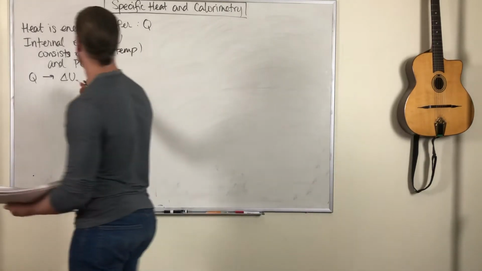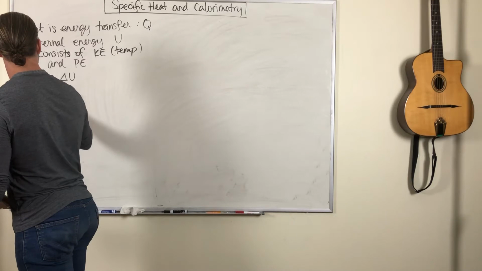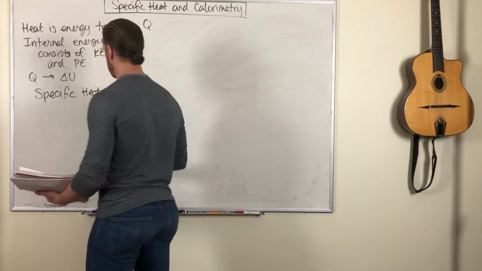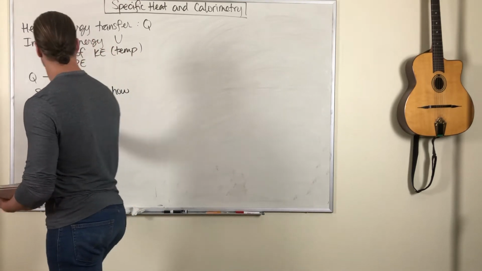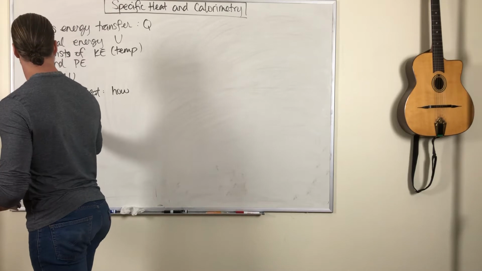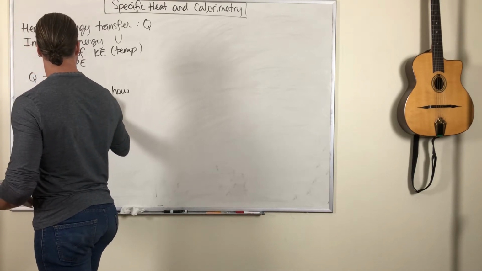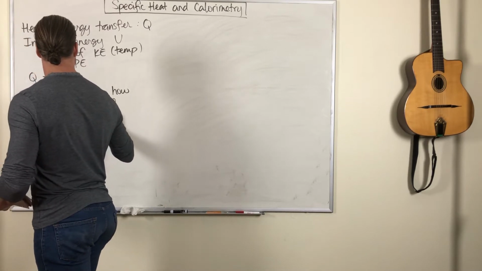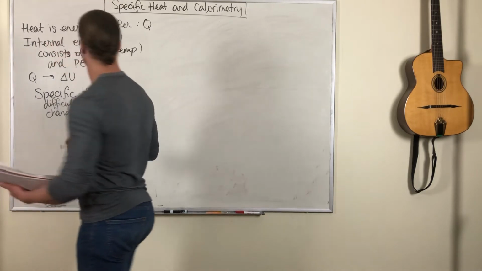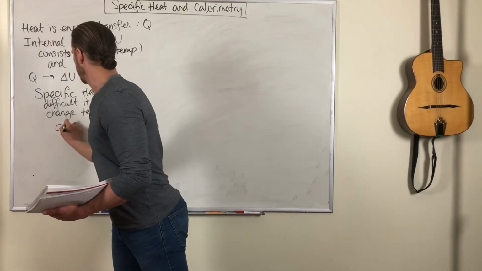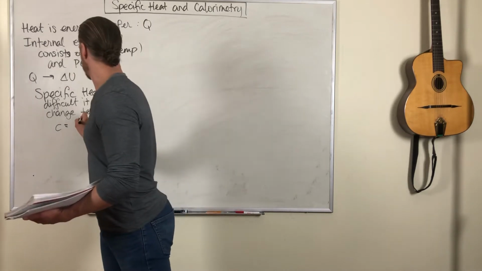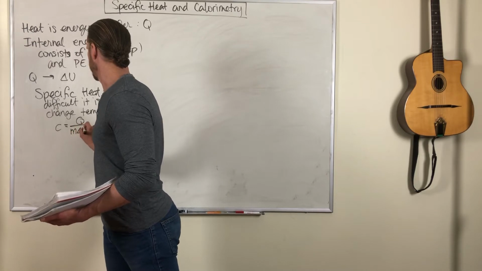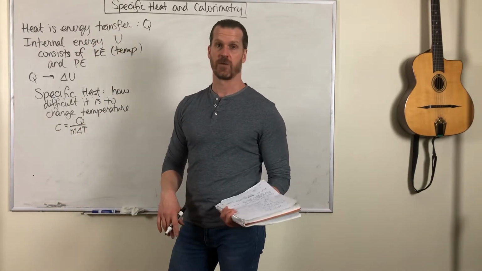And here's how it's defined. Specific heat is defined as that heat transfer divided by an object's mass times its change in temperature.